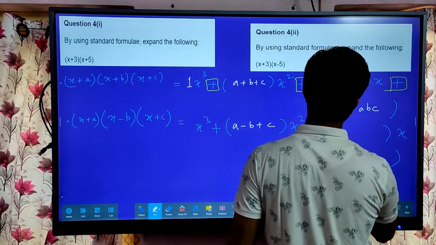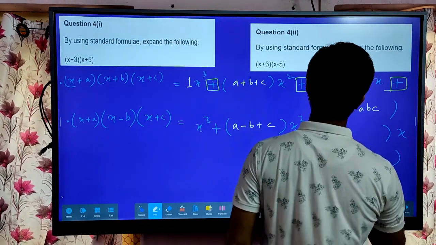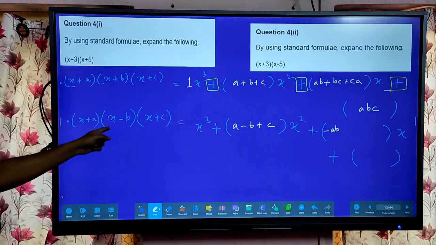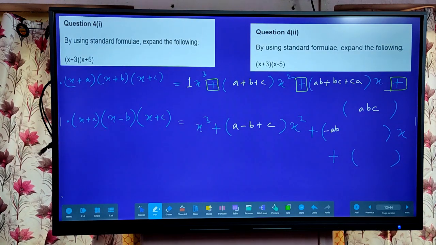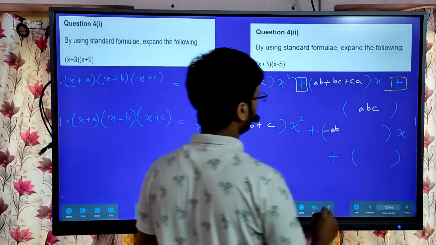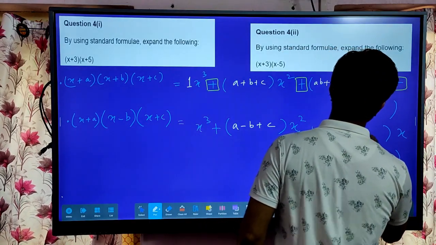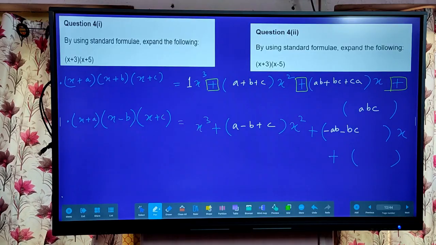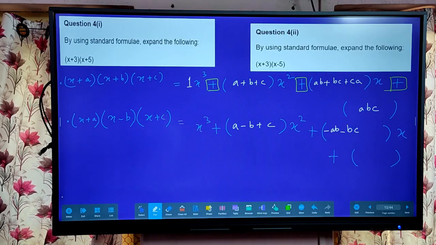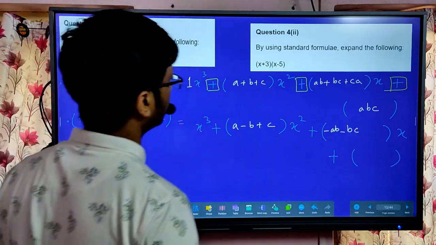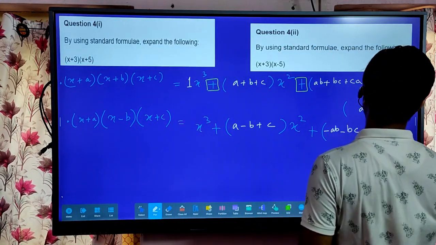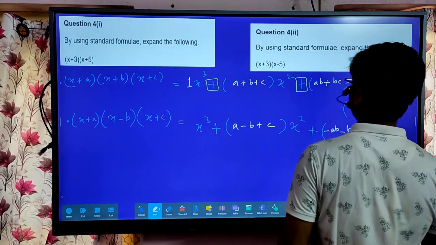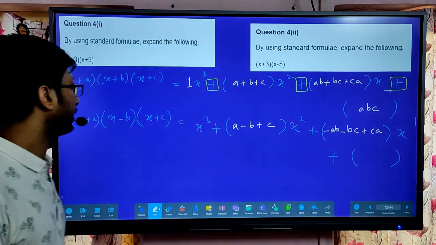Minus b into plus c will be minus bc, and plus a into plus c, so it will be plus ca.